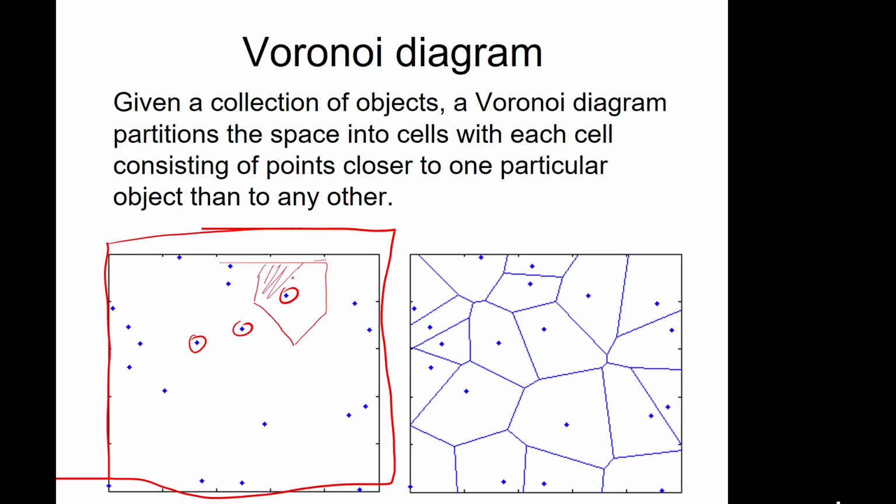So for example, all the space in here is closest to that object.